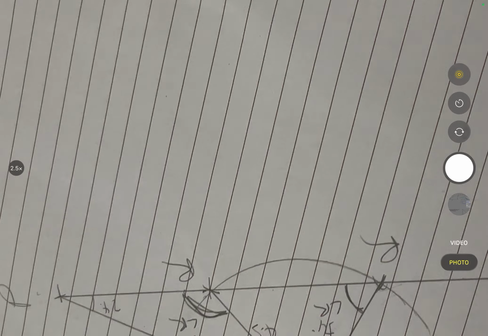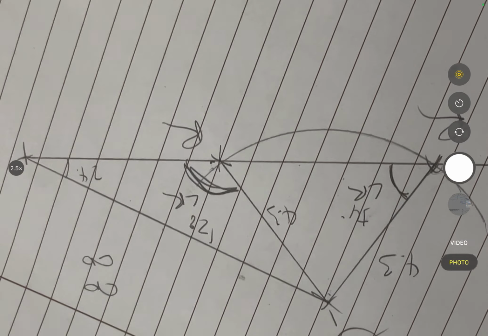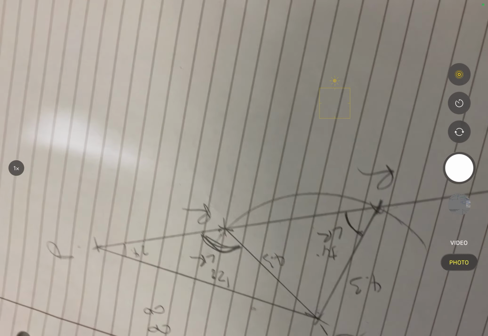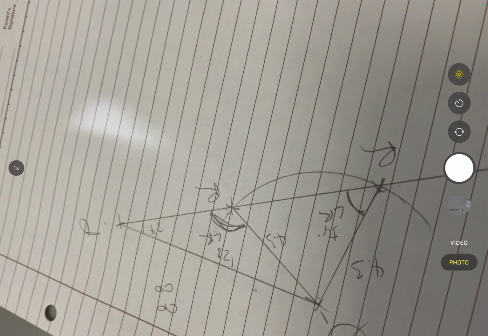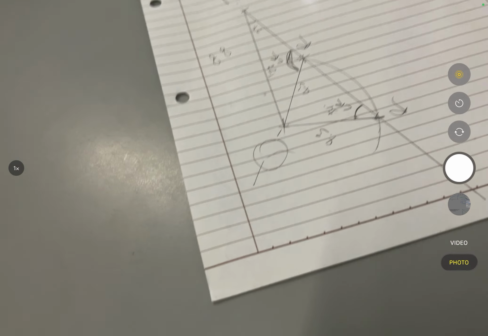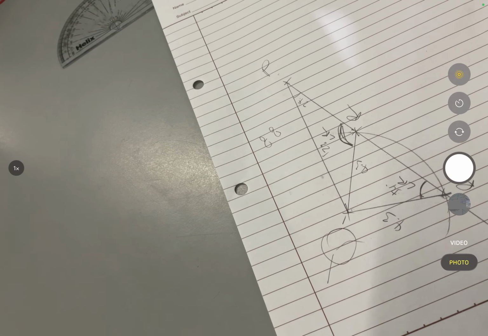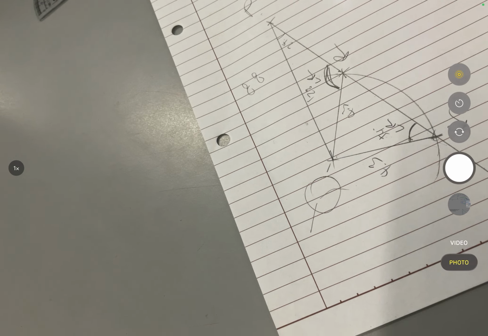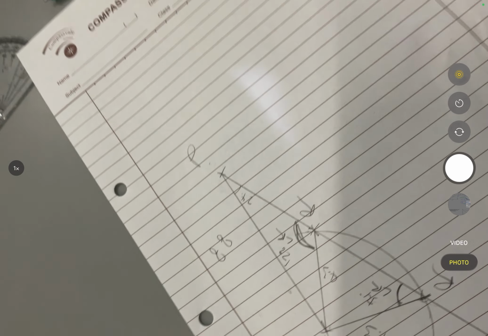So in this case, from my construction, one of them gave me this one, 54. One of them gave me this other angle. From my one, it was 128. Okay?